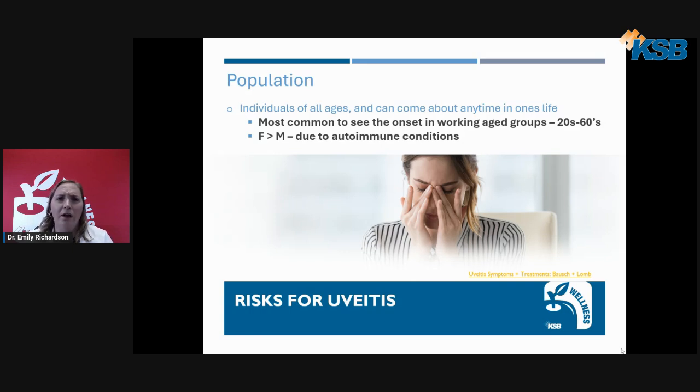But again, anyone of any range can get that. Similarly, in relation to the causes, females are often more inclined to get that over males just because of those autoimmune conditions. But again, we see this in individuals of both male and female gender.